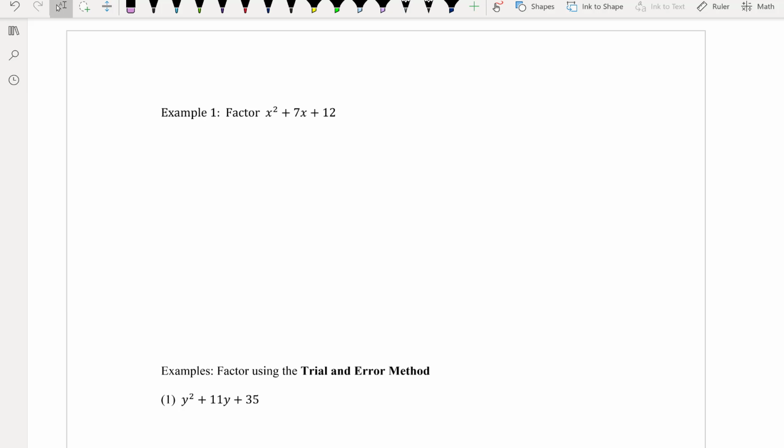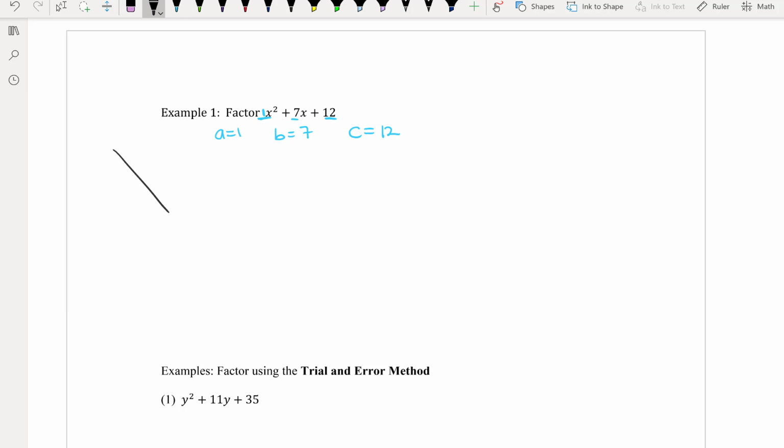When I look at this, I have to identify my A, my B, and my C value. Notice here, when it doesn't have a leading coefficient, it can default to be 1. So my A is equal to 1. Here's my B value, that's equal to 7. And my C value is the constant, so that's 12.